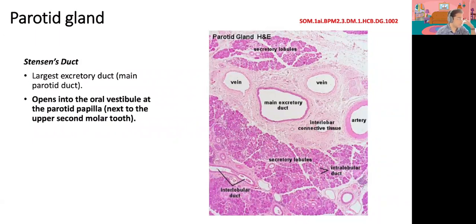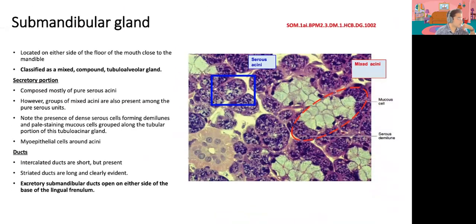It opens directly into the oral vestibule at the parotid papilla, located by the second molar, and it just shoots out. Fun fact, if you push up your tongue, you can eject the parotid secretions. It's a weird, quirky mechanism.